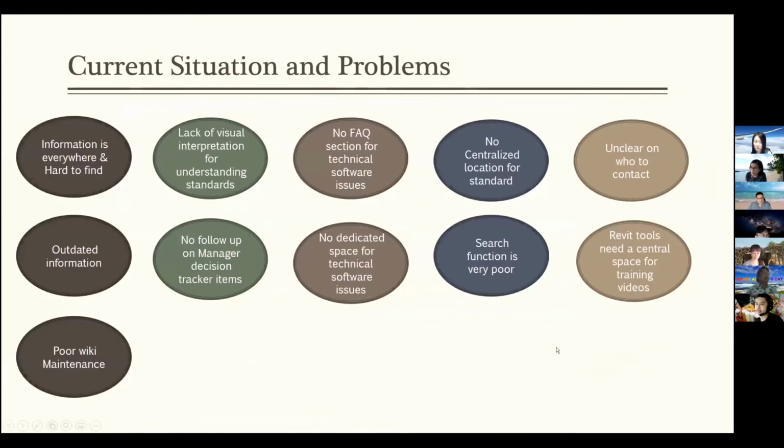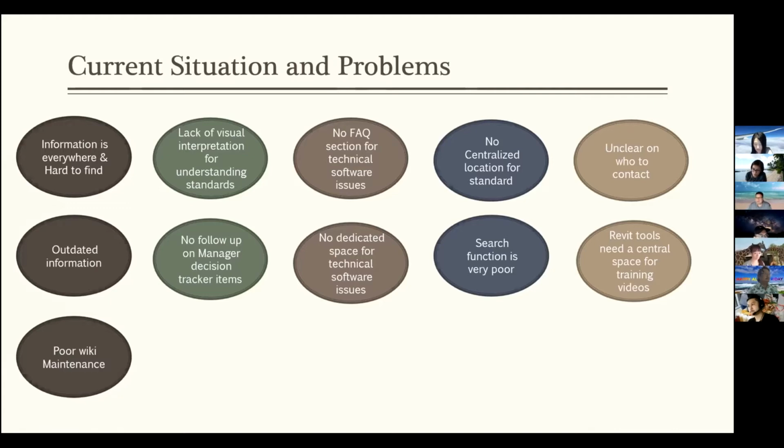And here we take a closer look at our current situations and problems, and we've also categorized them in relation to each other. For example, one of our problems is information is everywhere on the wiki and it's hard to find information. A lot of the information is also outdated, which is also related to poor wiki maintenance overall.